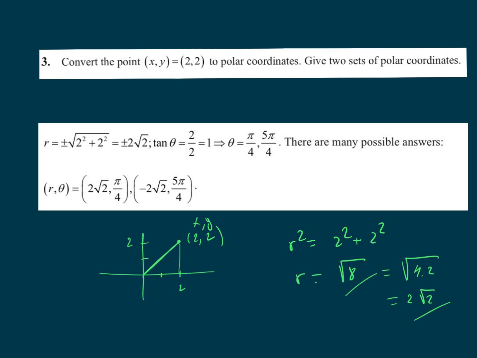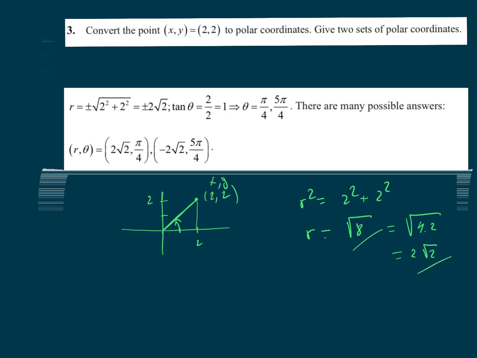And what is the theta? The theta is in the first quadrant. What is the angle? The angle that this 2 and 2 make is 45 degrees, so it's pi divided by 4. So the point in Cartesian coordinates is (2, 2).